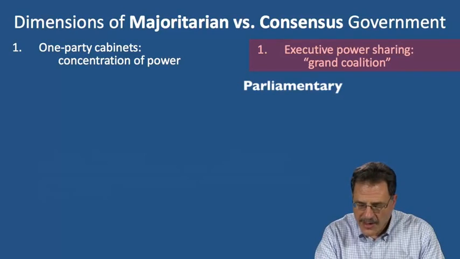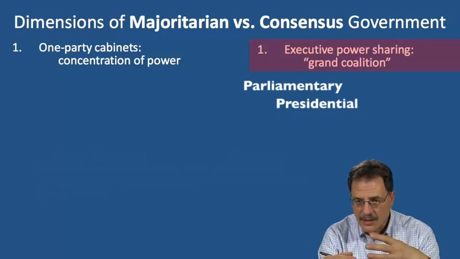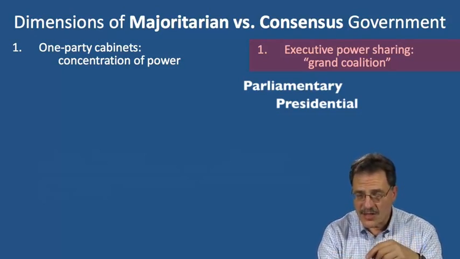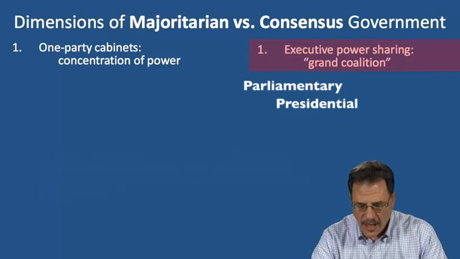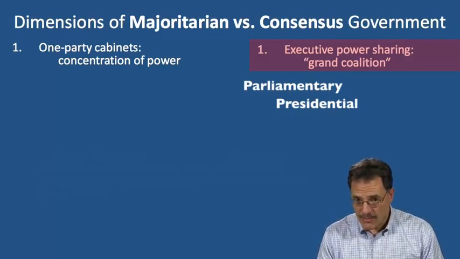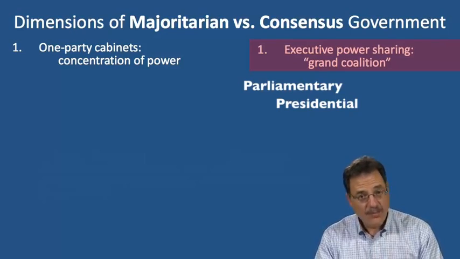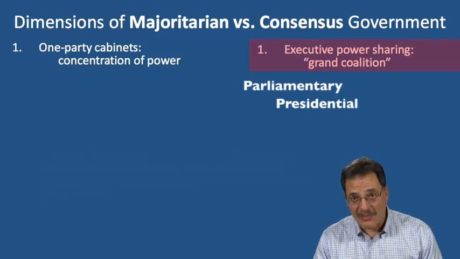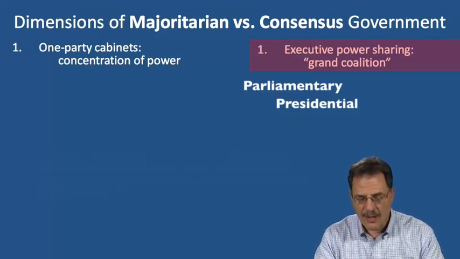However, in a presidential system, if the president and his party are elected with only a small minority of seats in the Congress, this may give an incentive to a politically smart and adept president to bring other parties into his presidential administration, into his cabinet, not because it's constitutionally required, but because he and his party are not going to be able to pass legislation for the 4 or 5 years or whatever it might be of the presidential term without doing so.